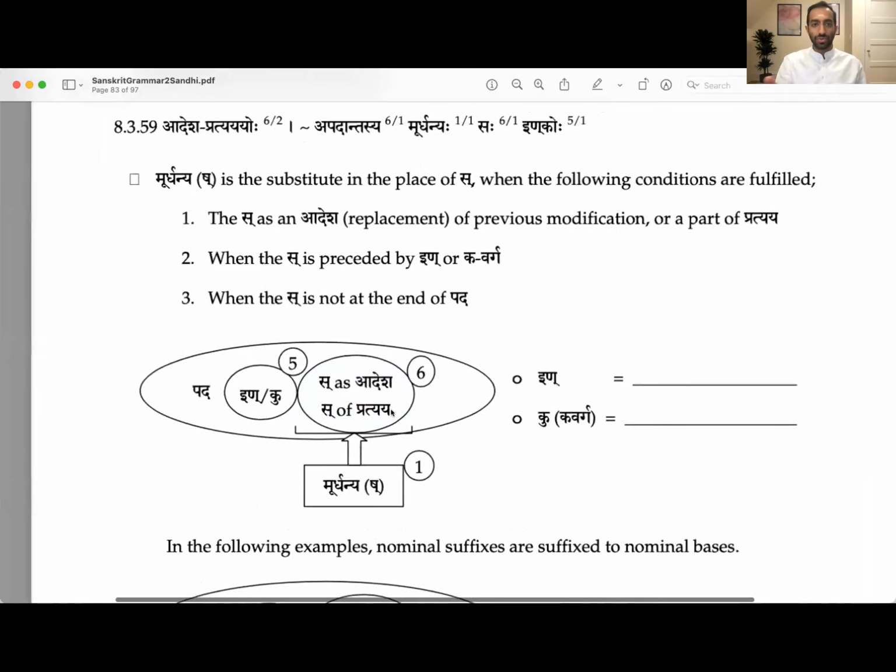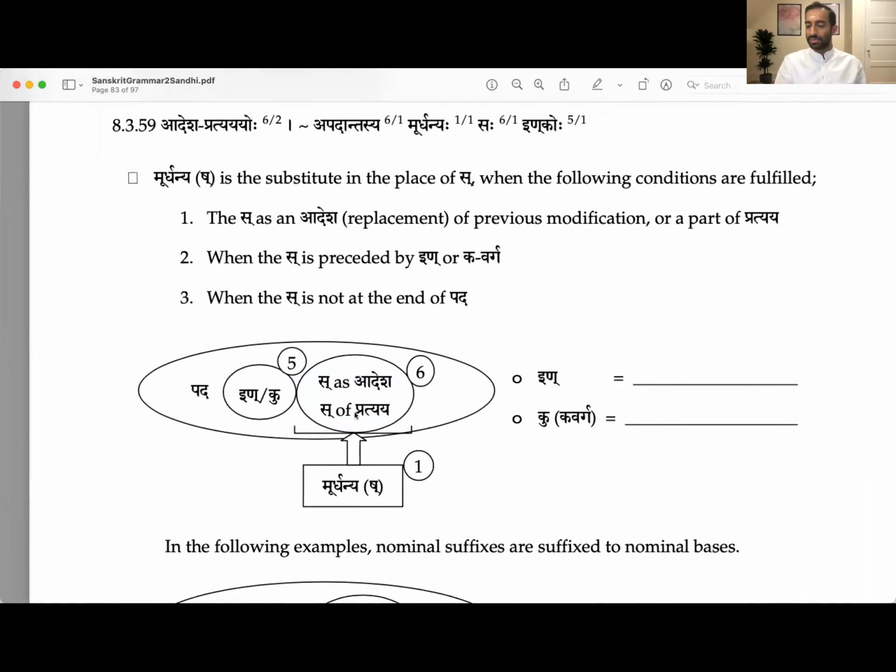For example, su, that we're adding, is a pratyaya. It's preceded by in or ku, that's immediately preceding it in the same pada. So it's not at the end of the pada, but it's in the pada. Then sakara will become murdhanya shakara.